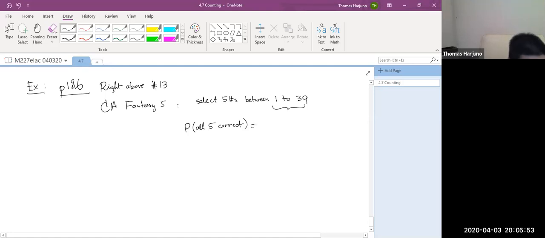Our textbook answers it in a very simple way, and that's okay for this question. But that simple method doesn't help us answer more follow-up questions. The way our textbook answers it is as follows. How many possible outcomes are there?